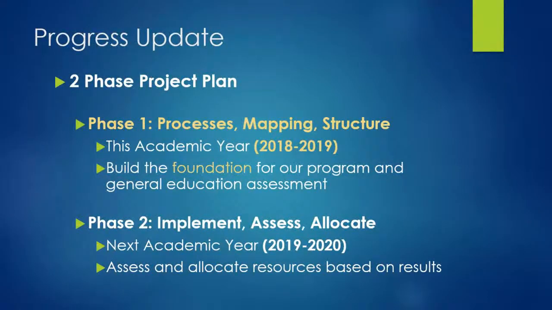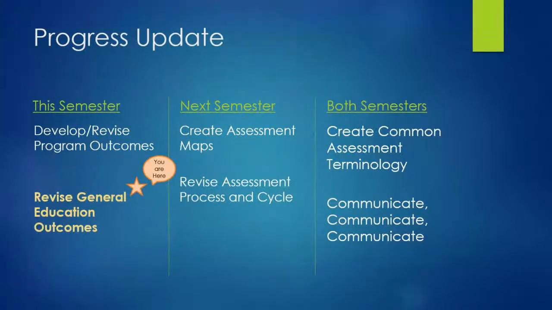To contextualize where we are in our project plan, this semester we have been focused on developing or revising, depending on the area of the institution, program outcomes. We've been doing a lot of work, especially in the last week or so, around either developing program outcomes for our programs here at Triton, or, for those programs who had existing outcomes, revising them, making sure that we're all on the same page and have the same knowledge around developing program outcomes.